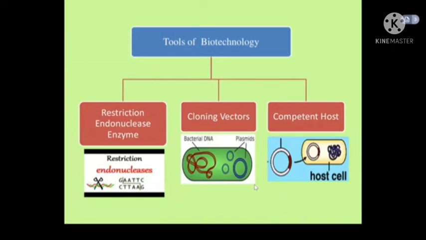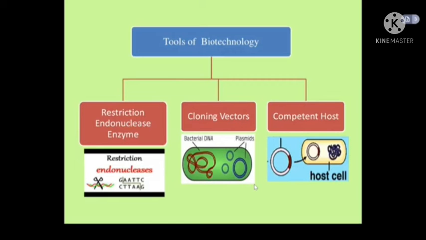For recombinant DNA, we need the tool restriction endonuclease to cut the DNA. Then we need a cloning vector to transfer the cut or isolated DNA into another organism or the host cell. That is called the transfer.